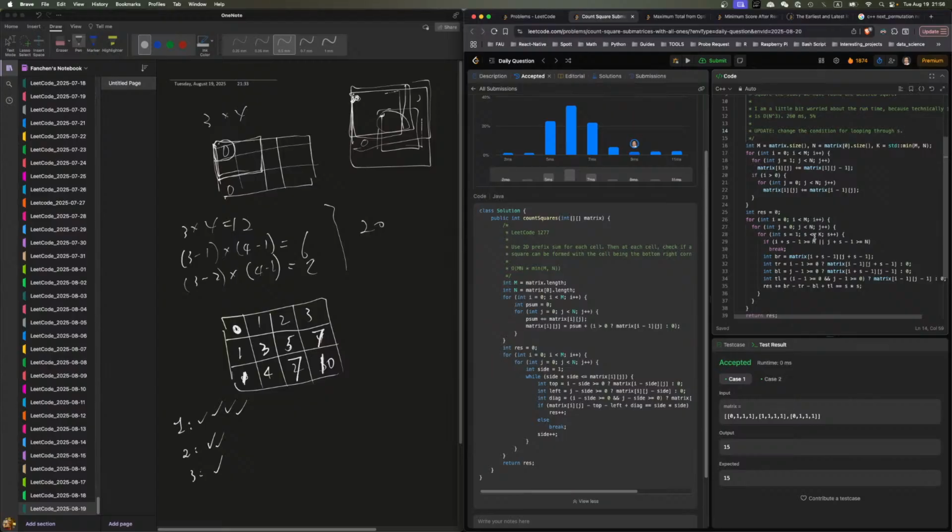So basically we say s times s shall be smaller or equal to matrix[i][j].